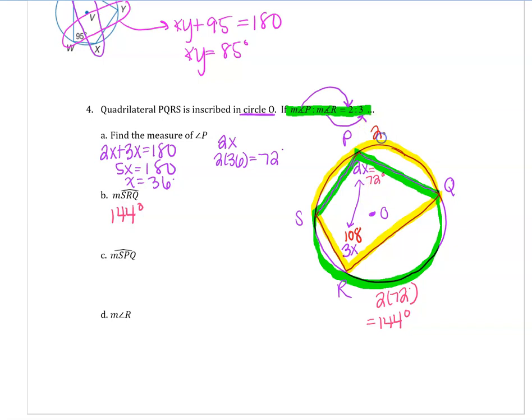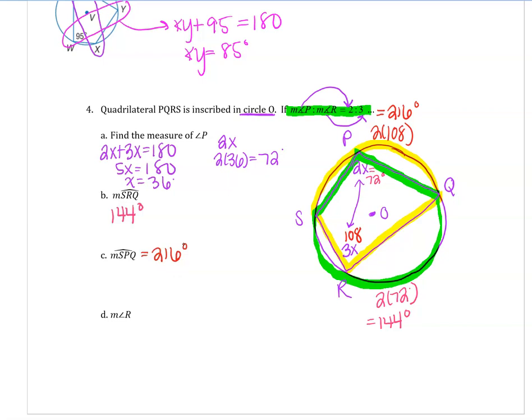Just like last time, I can double that angle, so 2 times 108 is 216. That would be the measure of that arc, so 216 degrees.